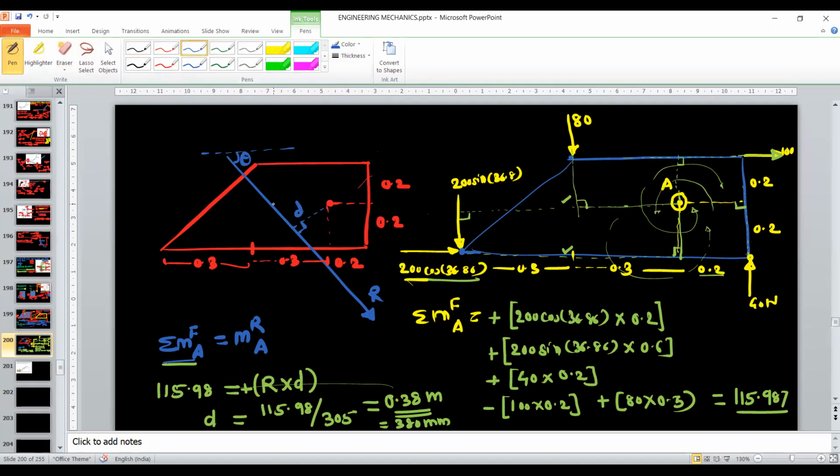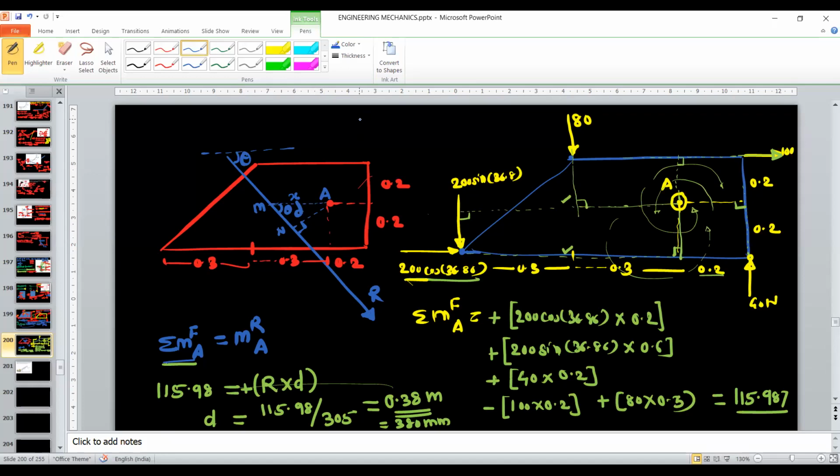So if you want to find this distance, you can assume this as x. You know this angle, so this is the same angle theta. In this triangle, suppose this is A, this is M, and this is N. So in the triangle AMN, distance AN is known, theta is known, so the unknown is x.